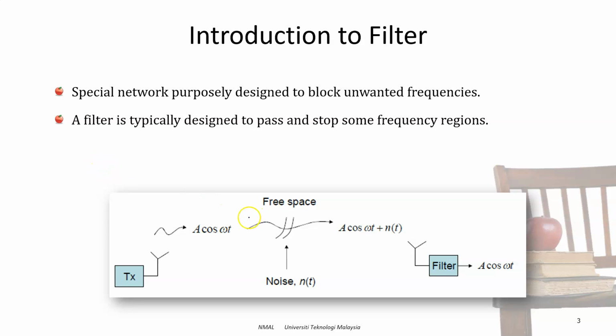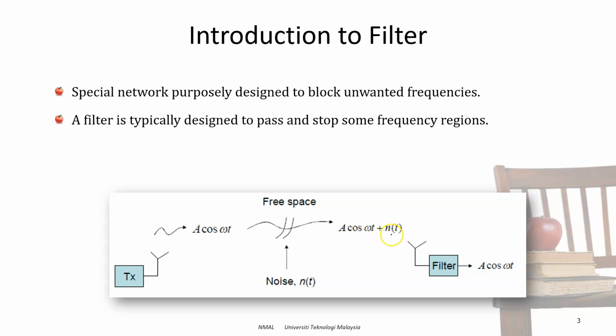Because if you see the simple communication system here, where we have transmitter and the transmitter is being modulated to become a high frequency signal, for example a cosine omega t, and this high frequency signal, when it is being transmitted through the free space, there will be noise added to the signal, and this noise at the receiver will be added as cosine omega t plus n(t).